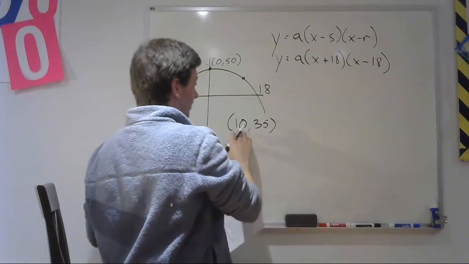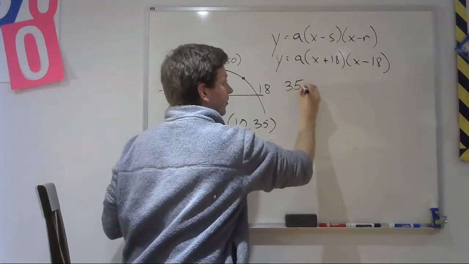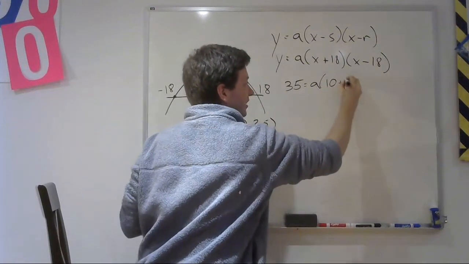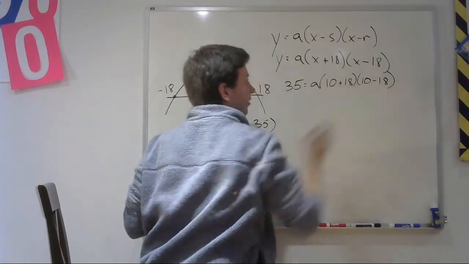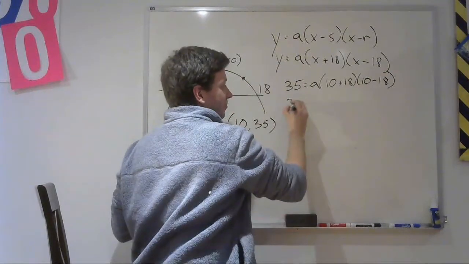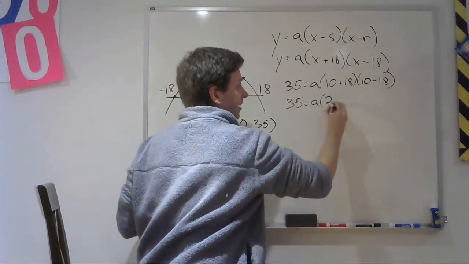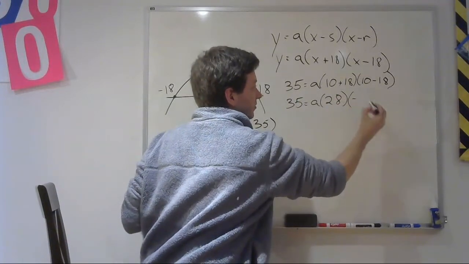All right, so if I substitute our y value 35 in for y equals a, and our x value is 10, so (10 + 18), and again (10 - 18). Okay, simplify a bit. 10 plus 18 is 28. 10 minus 18 is minus 8.